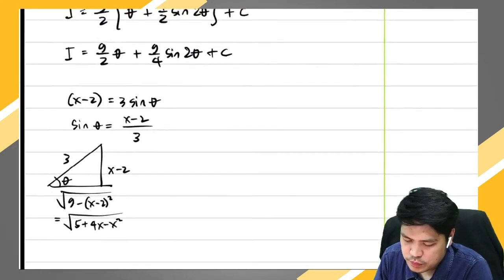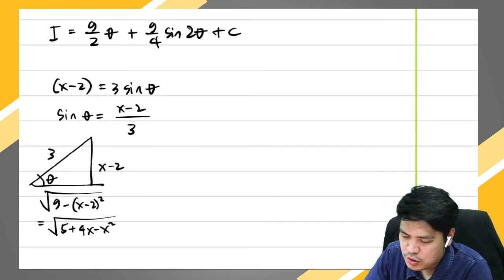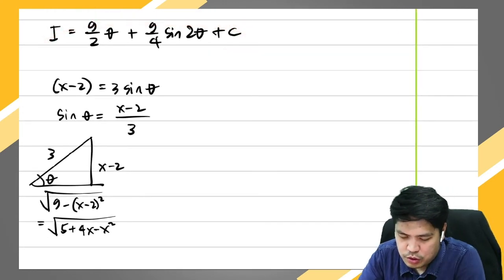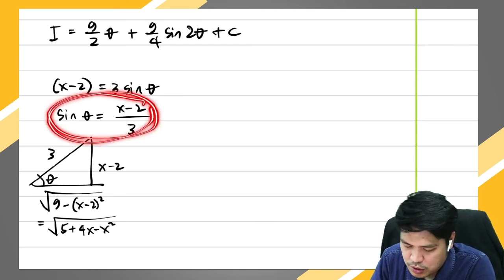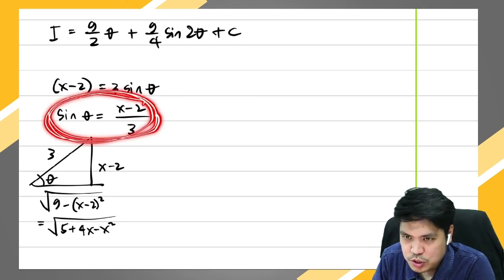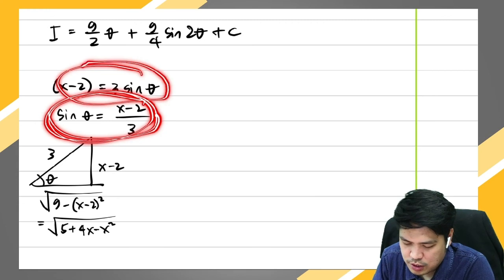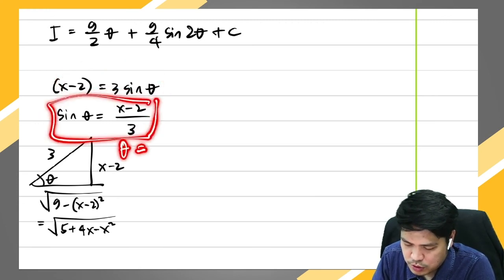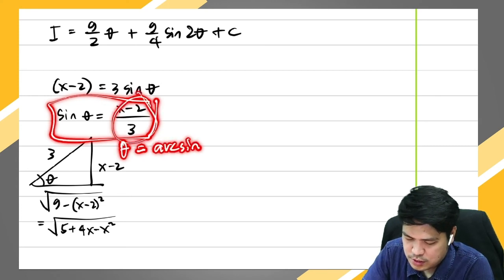Okay. So we will now change this back to its algebraic form. So, ito yung substitution natin kanina. So therefore, if you want to solve for theta, looking at this, that would be arc sine of this.